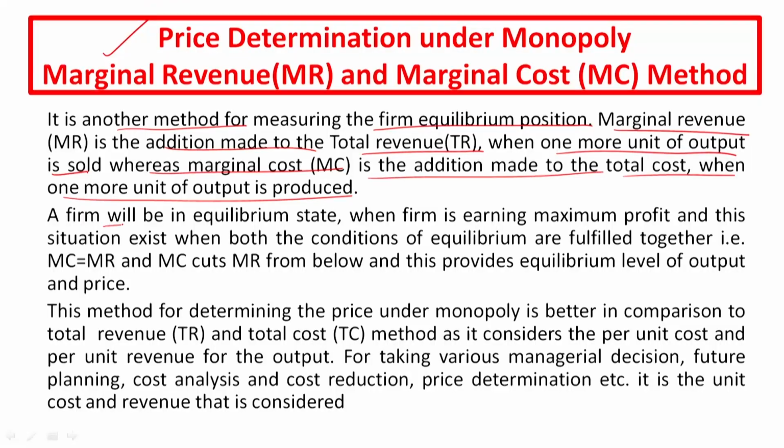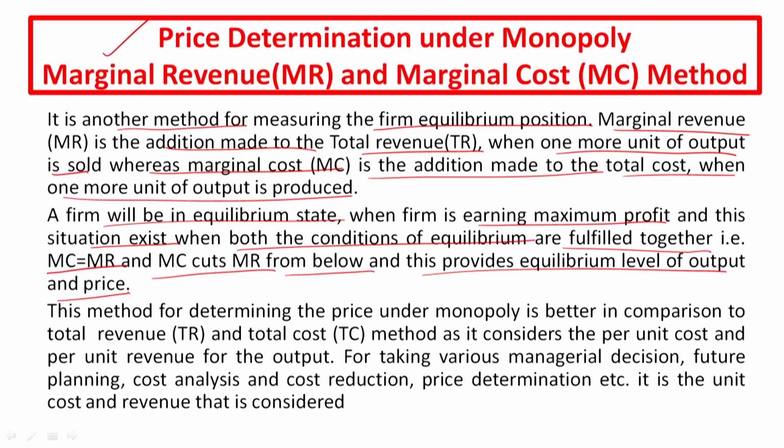A firm will be in equilibrium state and earning maximum profit, and this situation exists when both the conditions of equilibrium are fulfilled together. That is, MC is equal to MR and MC cuts MR from below, and this provides you equilibrium level of output and equilibrium price.